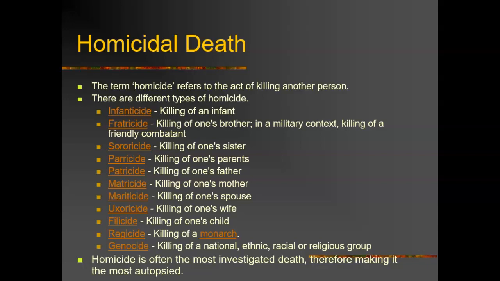Homicide is the most often investigated death, and that's why it is the most autopsied.